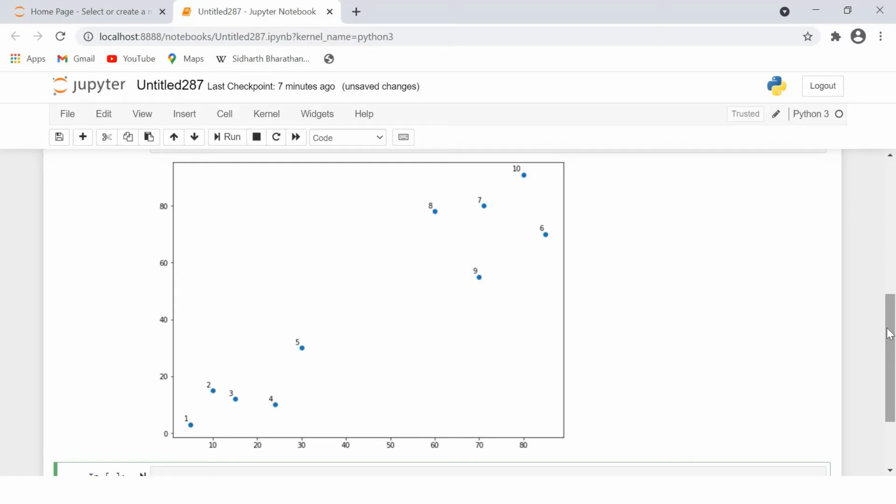In the image below, you will see the plot that is generated from the code. Let's name the above plot as graph 1.